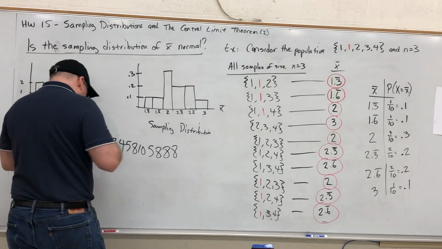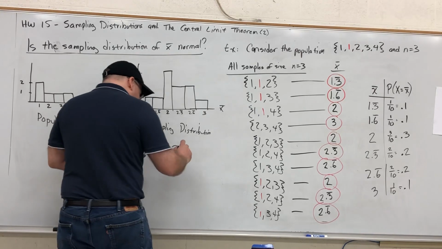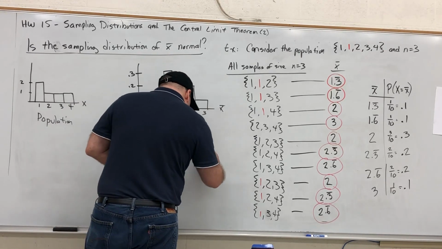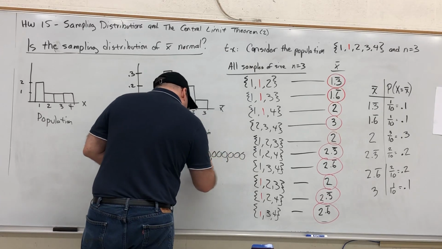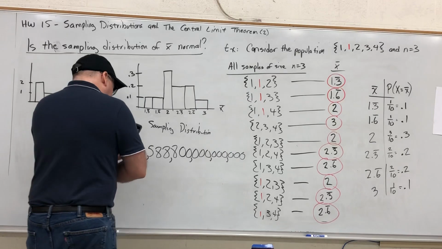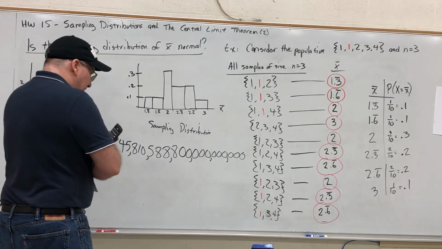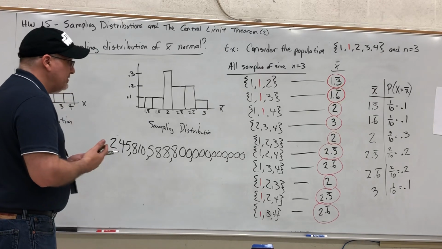Wait a minute, I'm not done. With 11 zeros. We would have that many samples if our population had 500 numbers and we picked every sample of size 10.